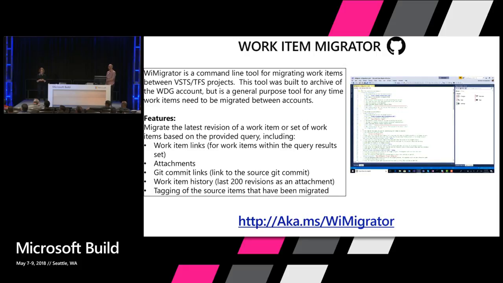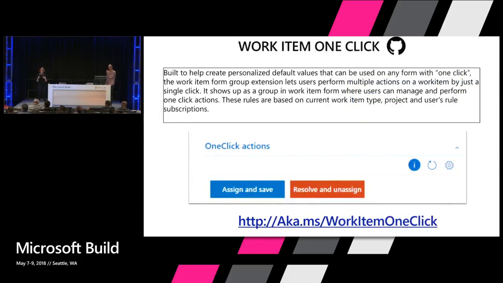And then the last one that we just put out is work item one-click. We didn't talk much about it because it's a little bit embarrassing, but we in WDG have mangled the form beyond recognition. As you're filling in a work item, we have hundreds of fields. That creates a lot of cognitive load for our developers to have to navigate a form that large with that many fields.